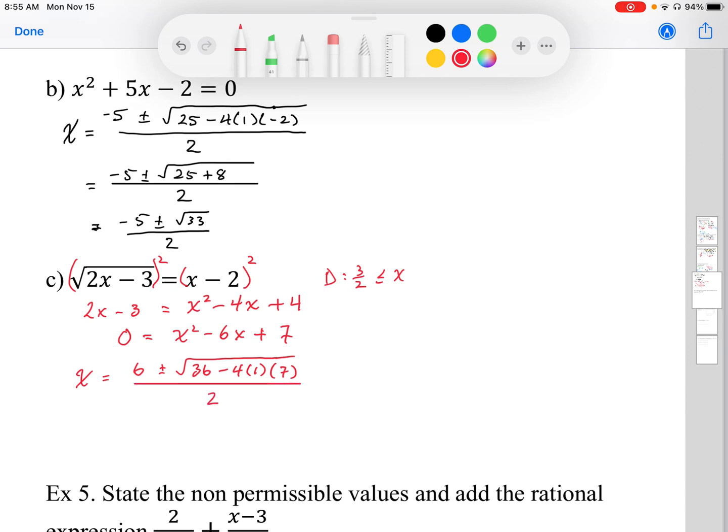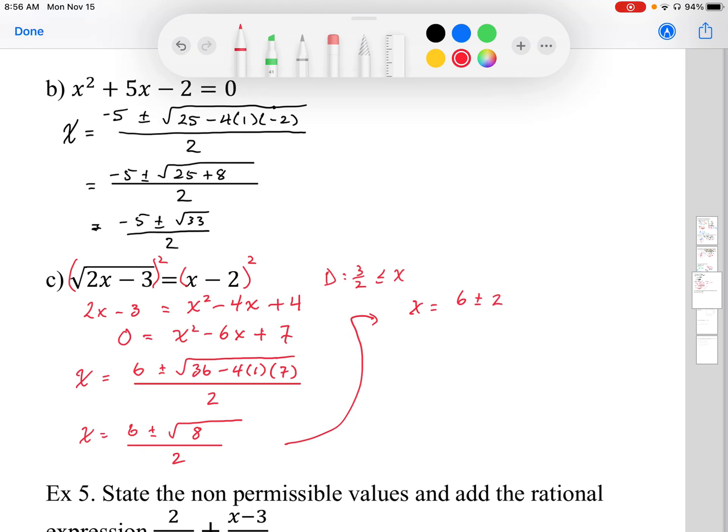This is all going to be over 2. So I end up with 6 plus or minus the square root of 36 minus 28, which gives me 8, all over 2.